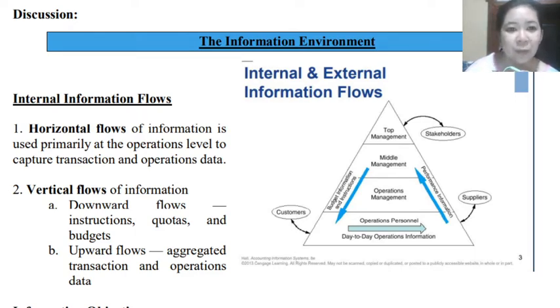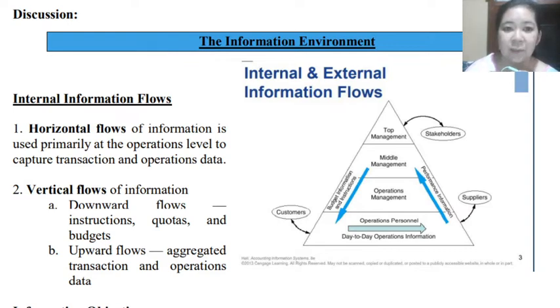The vertical flows, on the other hand, under the internal information flow, include the downward flow and the upward flow of information. For the downward flows, these are the instructions coming from the top management down to the subordinates or employees.